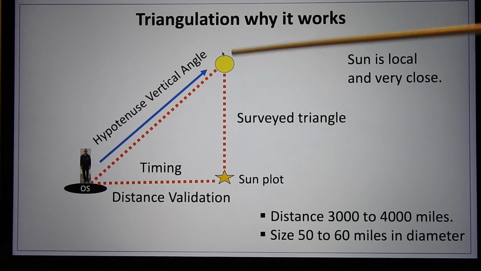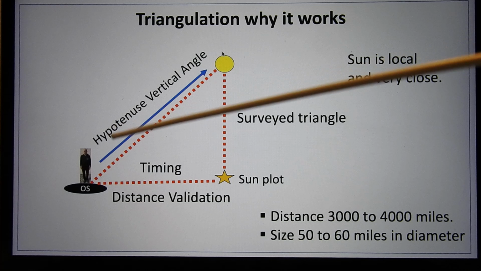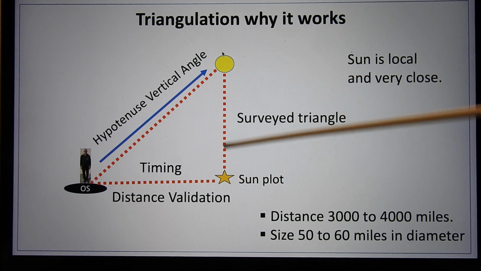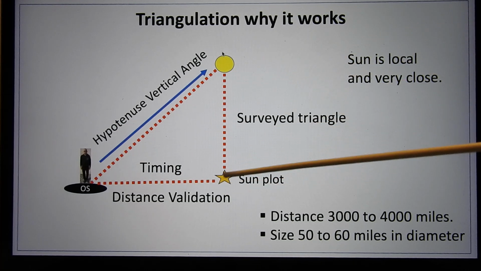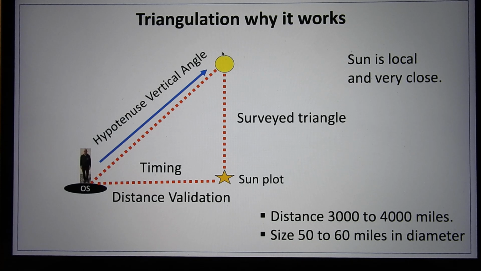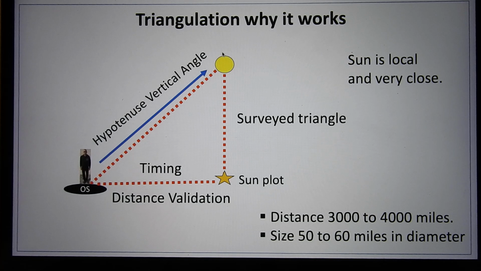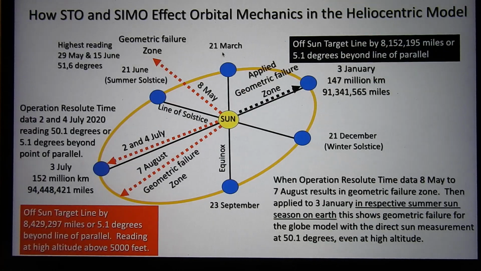And again, this is what we talk about when we talk about the surveyed triangle and the Sun plot, or the Sun to Earth 90-degree position on the surface of the Earth, whether you believe the Earth is flat or a curved surface. And again, this puts the Sun very locally, very close. Distances, as I said, between 3,000 to 4,000 miles from Earth's surface. Sun's diameter roughly between 50 to 60 miles. Again, huge problem for the heliocentric globe model.